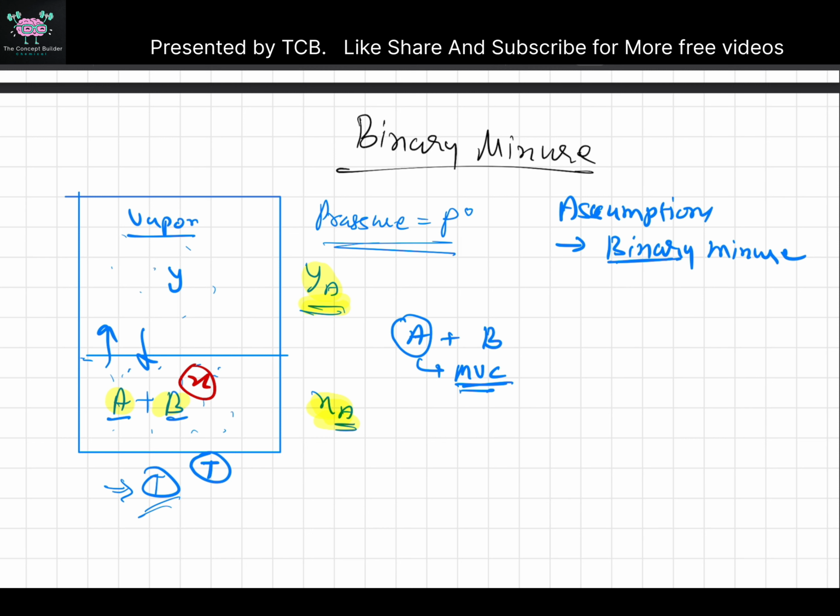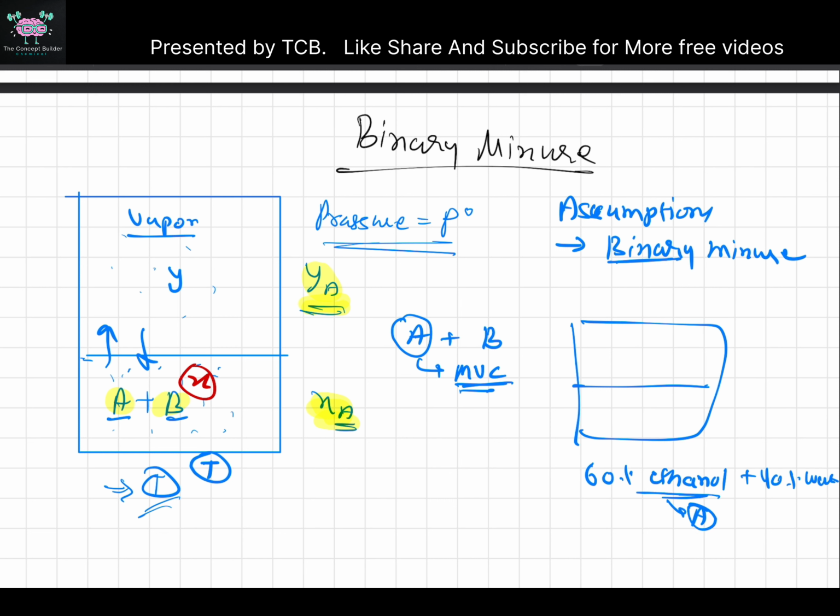Okay, so for example, let's say you have a mixture of 60% ethanol plus 40% water. Here ethanol is your A component, basically your more volatile component.